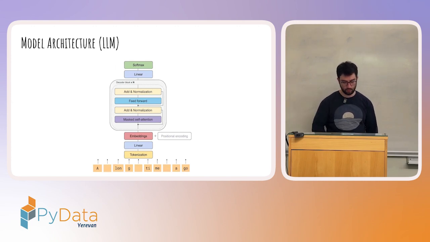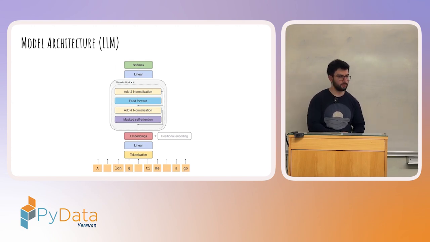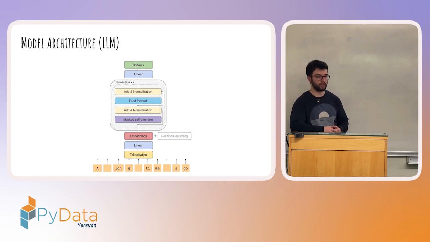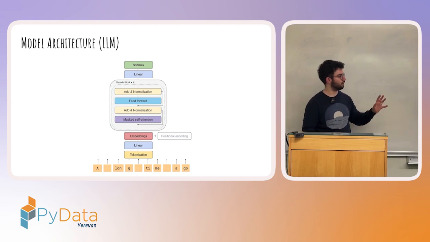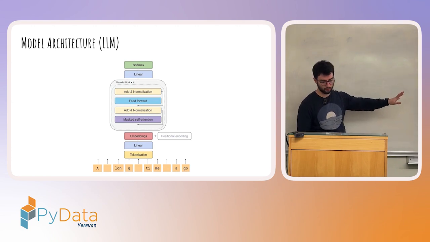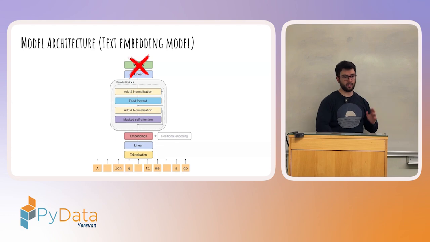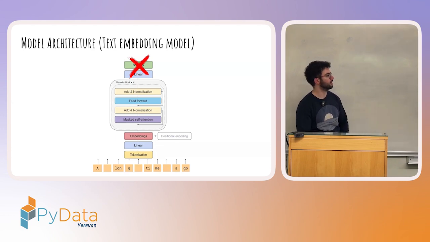As you know, LLMs and VLMs output, generating text. For the embedding model, we don't need this generation part. So we have our normal decoder transformer. In order to get the embeddings, we need to remove this linear and softmax projection and the generation of the text.